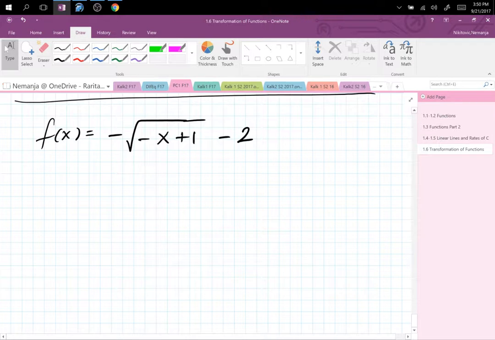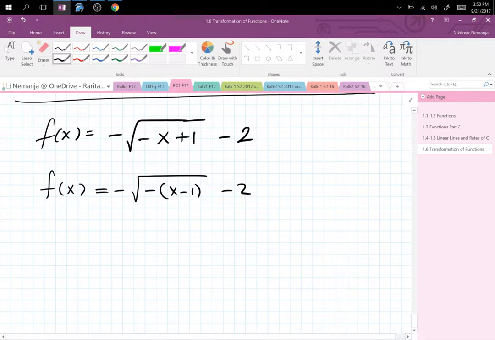You don't know that because I haven't told you yet, but the first step for problems like this, where you have a minus sign and then something else here, is to factor that minus out. So minus square root of minus x minus 1, minus 2: it's a shift to the right 1 unit, a shift down 2 units, and 2 reflections. So you will be using 5 boxes.